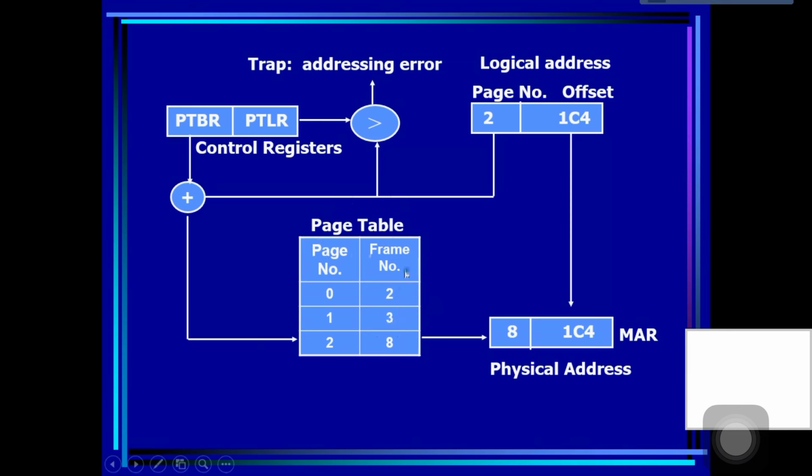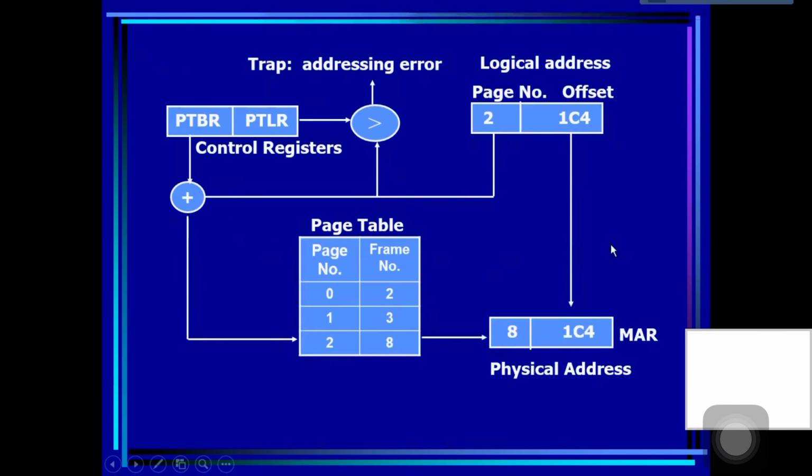From this page table, we find that logical page 2 is stored in physical frame 8, and replace the logical page number with the frame number, and we get a one-dimensional physical memory address. This is the physical address, and we use it to access the main memory and fetch the data or instruction.